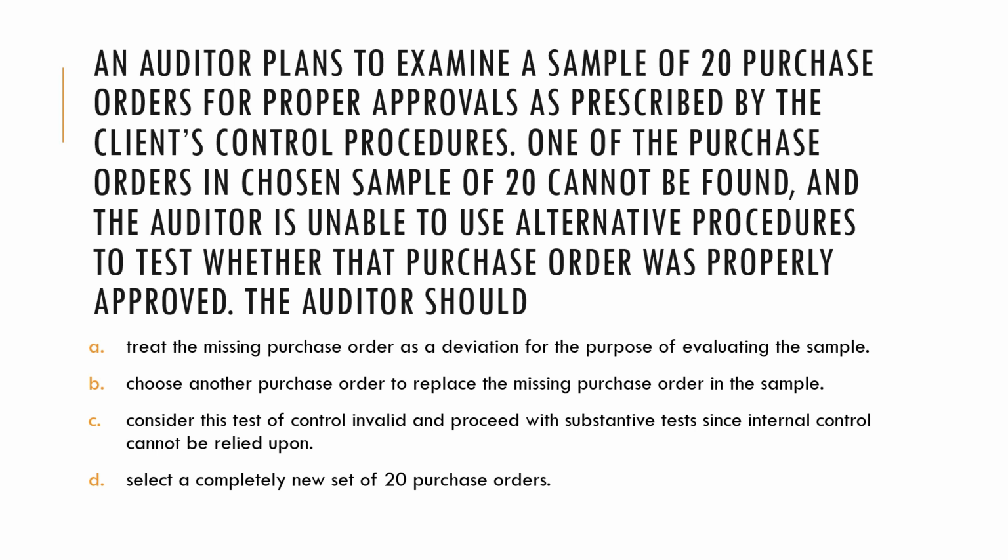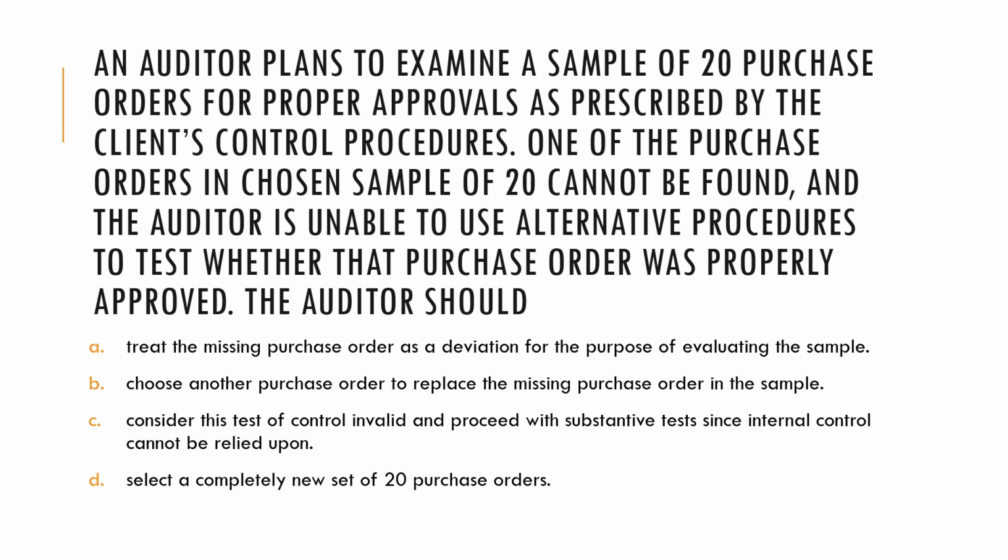Or we can have letter C, consider this test of control invalid and proceed with substantive tests since internal controls cannot be relied upon. Or shall we go for letter D and just select a completely new set of 20 purchase orders?